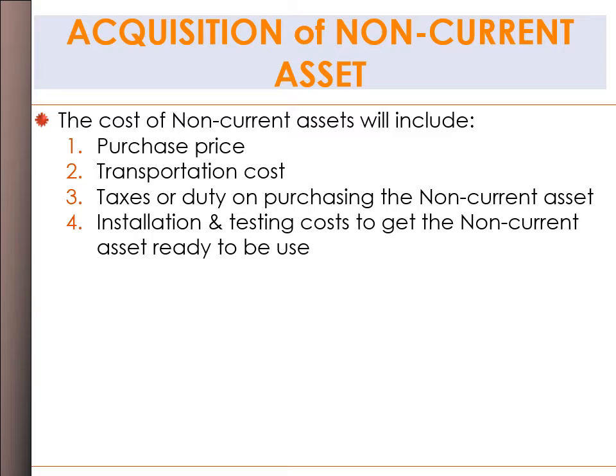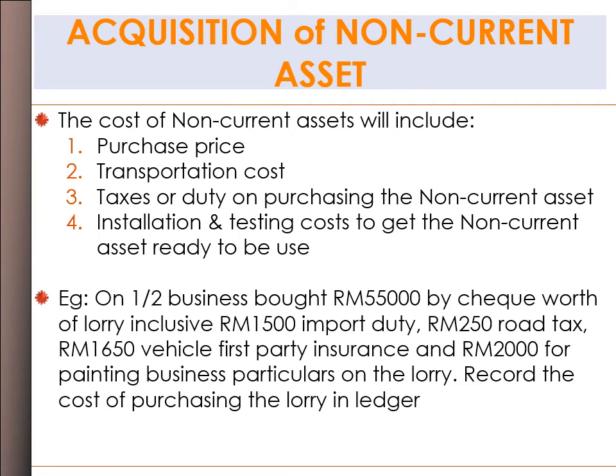It will also include any installation cost or testing cost in order for the non-current asset to be ready and functional to be used by the business. So these are the costs that would be included in the non-current asset acquisitions.